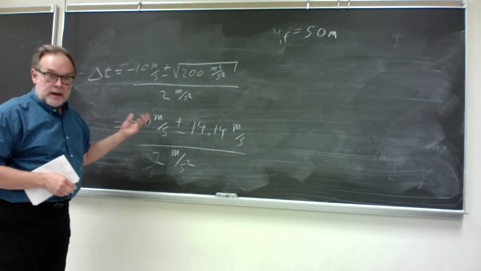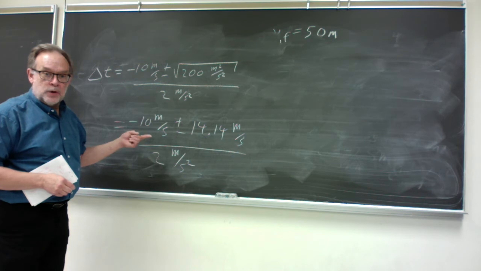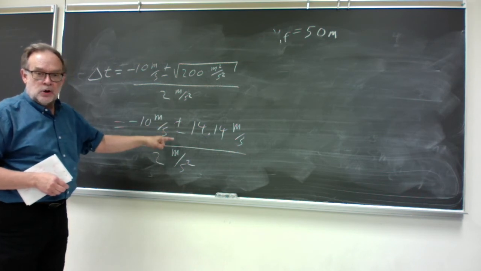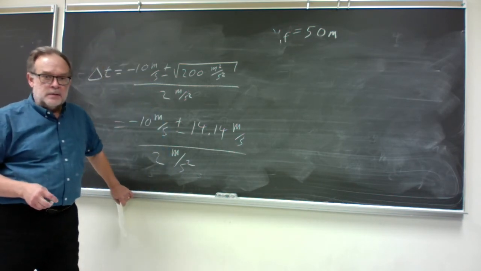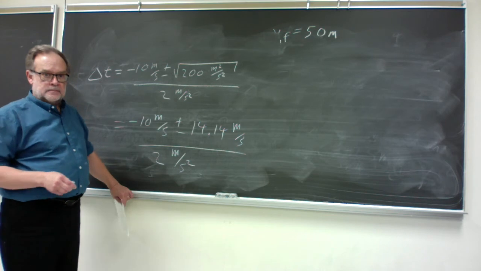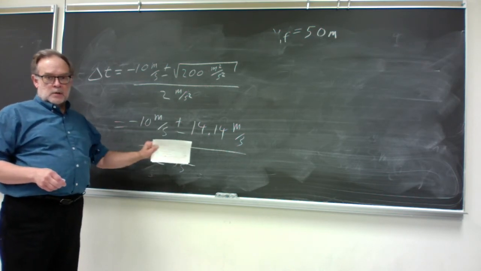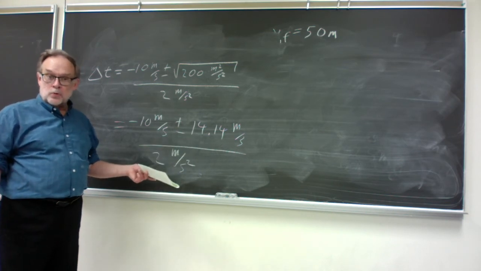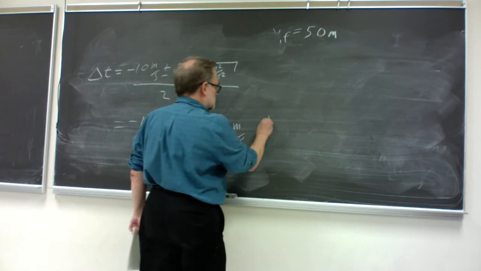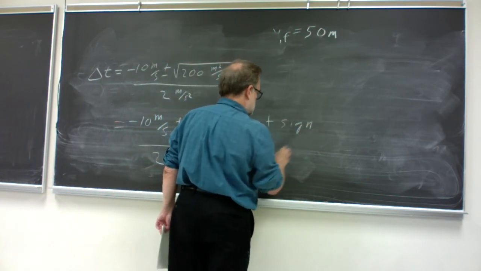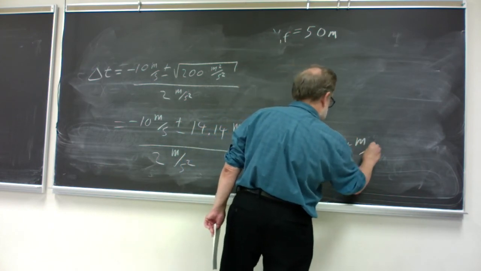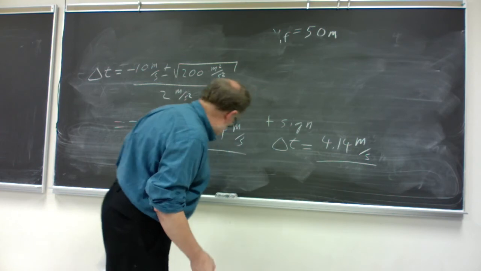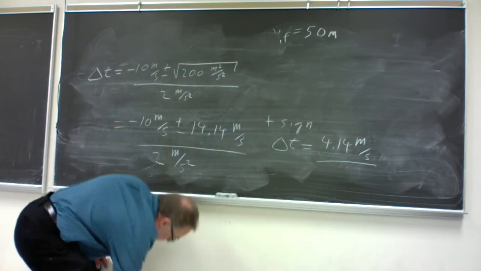So there are two different possible values for delta t, depending on whether we take the plus sign here or the minus sign. If we take the positive sign, then we've got minus 10 plus 14.14, or 4.14, divided by 2 meters per second per second.